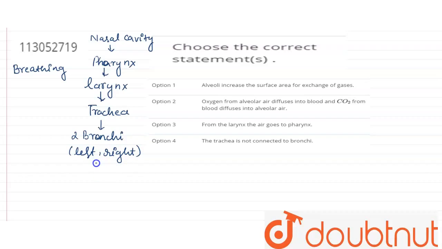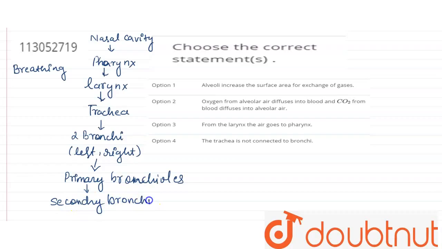From the bronchi, the air goes into smaller primary bronchioles. From primary bronchioles it goes into secondary bronchioles, and from secondary bronchioles it goes into alveoli.